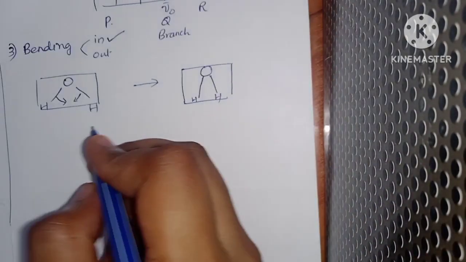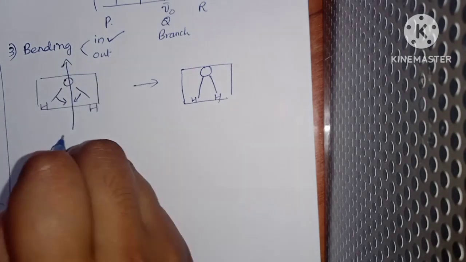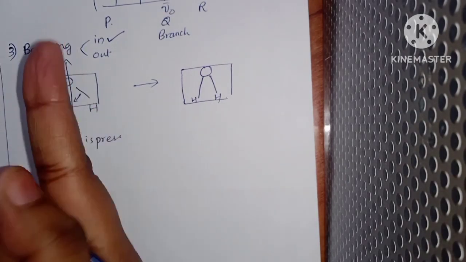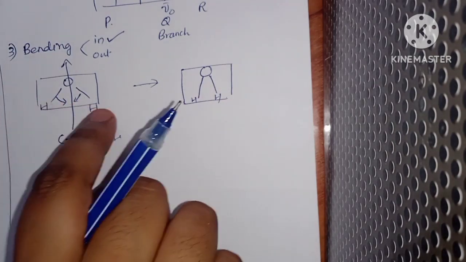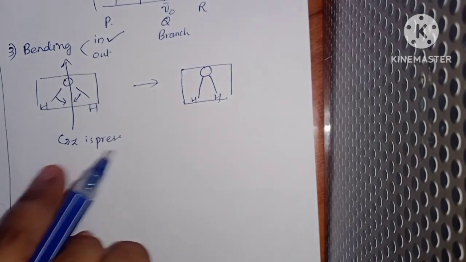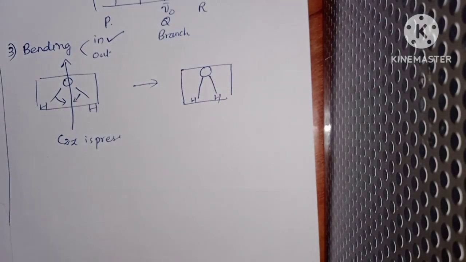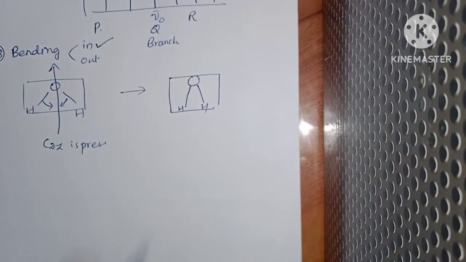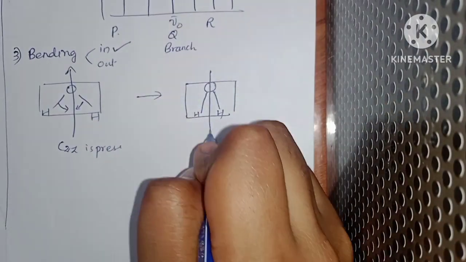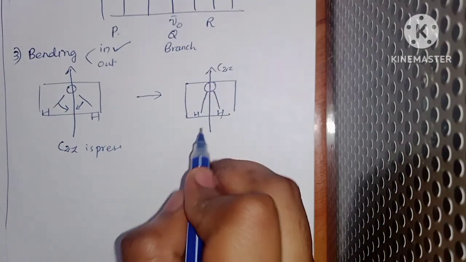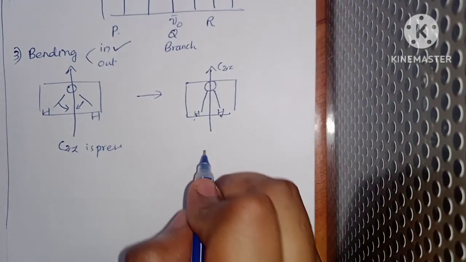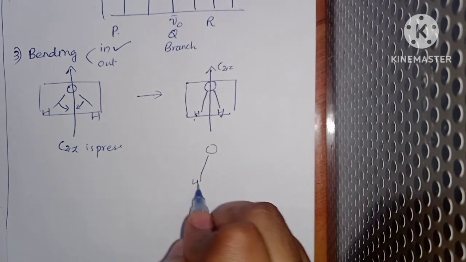Okay, so now we are considering the principal axis. C2Z is present, meaning if we rotate 180 degrees, this hydrogen goes to this side and this hydrogen goes to that side, with the same appearance. So C2Z is present. After bending, if we consider C2Z, this hydrogen will again go to this side and that hydrogen to the other side, so after rotation also we get the same appearance.